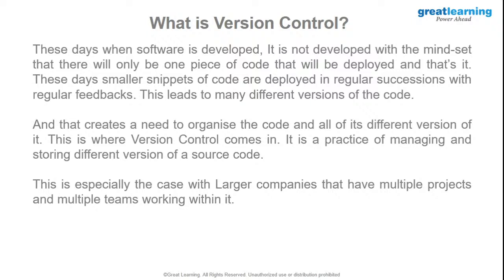So when you deploy software, you deploy it thinking that you will make more improved versions when you get feedback from your customers, from yourself, from your teammates, and then deploy it again. So this leads to having many different versions of your software or code, and that creates a need to organize this code and all of its different versions.